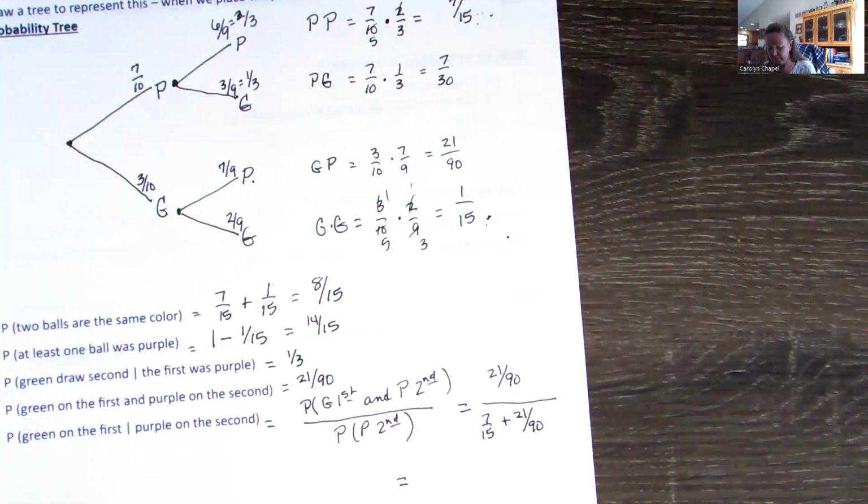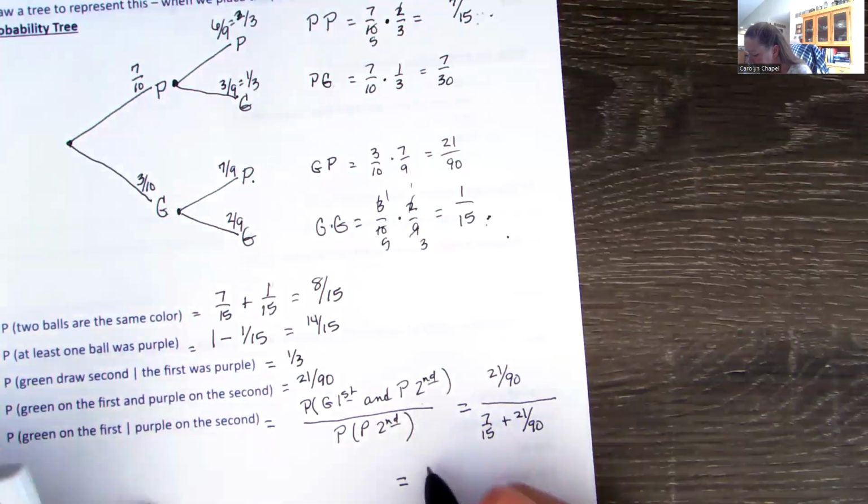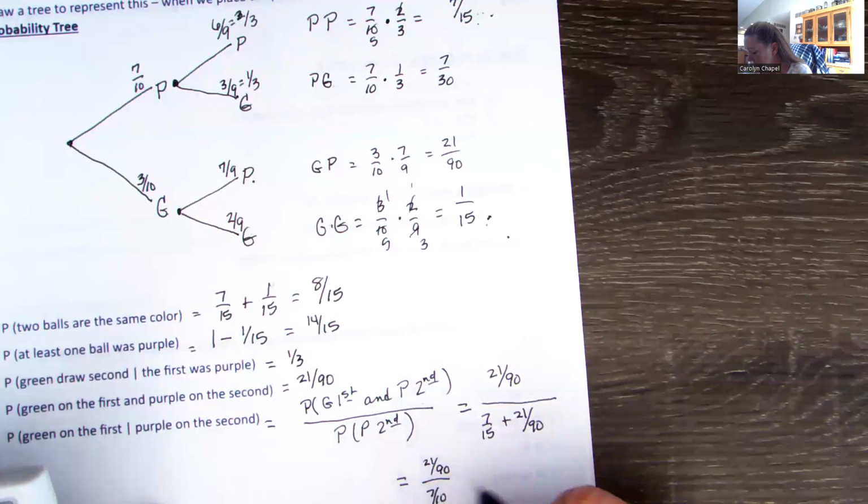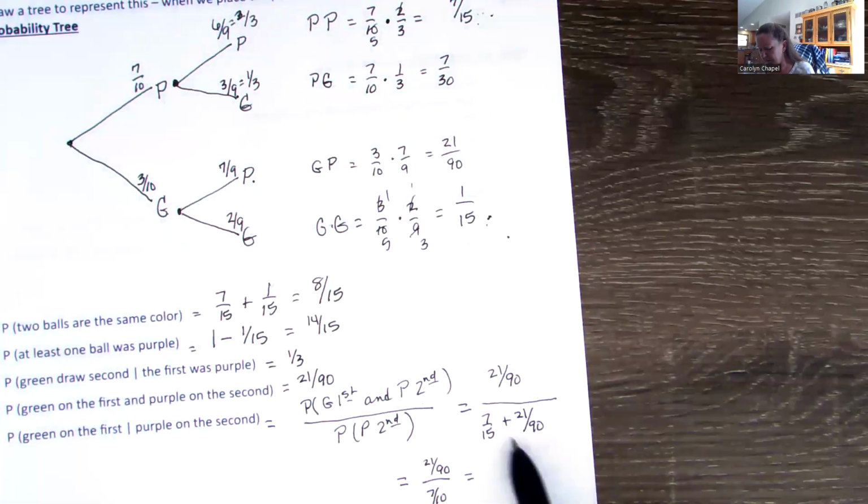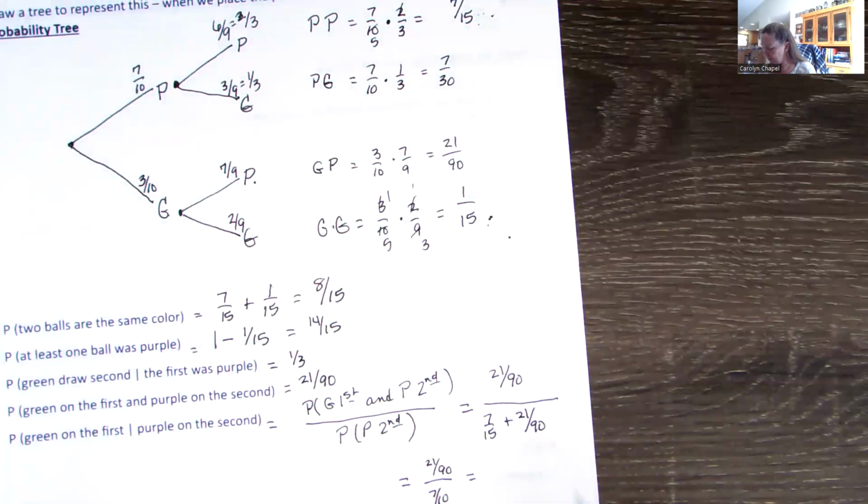I'm going to have it do the bottom 7 out of the 15, and I'm going to add my 21 out of 90. Or you could easily go to decimals, which may have been easier, but that's all right. I get 7/10 when I add those 2 together. So if I take 21/90, which would have reduced, and divide it by 7/10, I get 1/3.